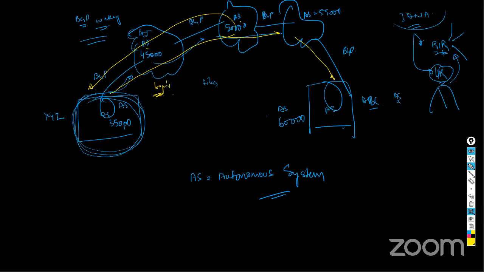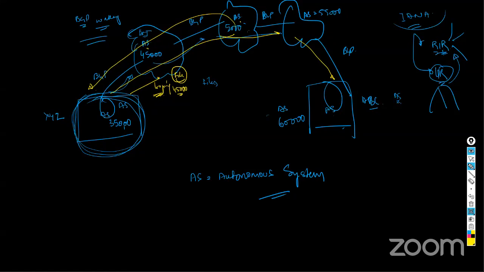So what happens in the case of BGP is, let's say I'm sending a file. My file hits this AS, and there's a tagging happening. My file will have a tag of 45,000. That means my packet, which contains this file, is propagating from this AS.